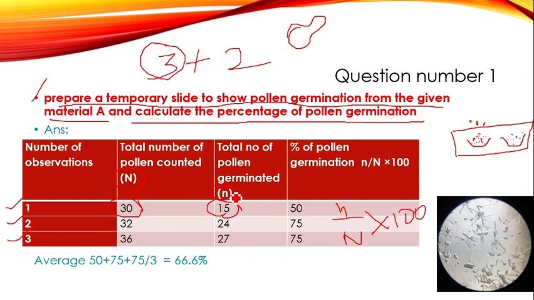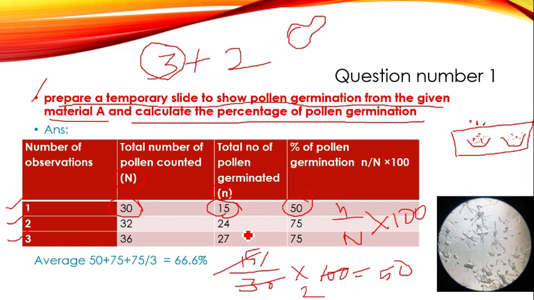Here small n is 15, capital N is 30, then into 100. If you do it, you get 50 as a result. Hence, 50% of pollen grains are germinated in the first slide.